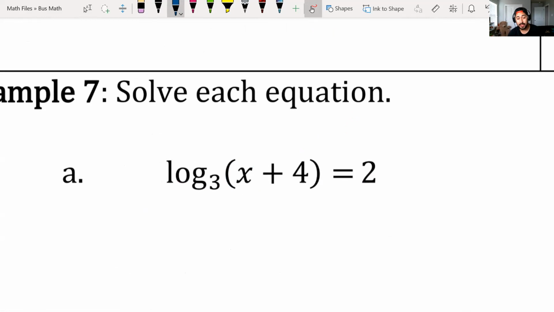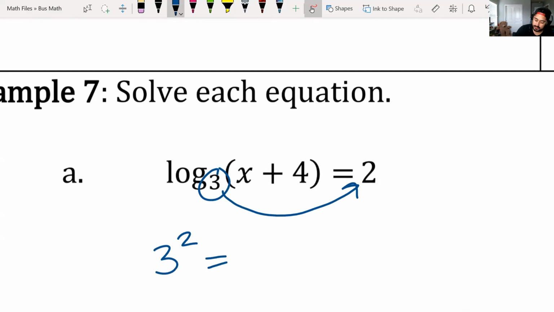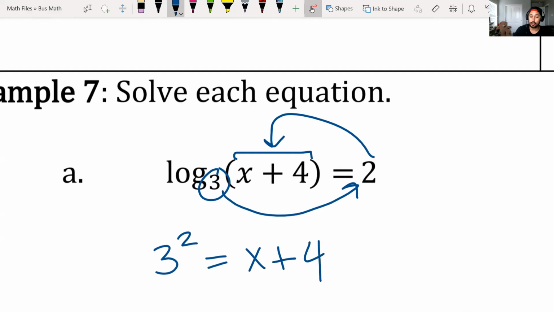And the only way to do that is to convert from log to exponential. So for this one, we take 3, raise it to the 2nd power. So you take 3 squared and set it equal to the inside of the log, which is x plus 4.